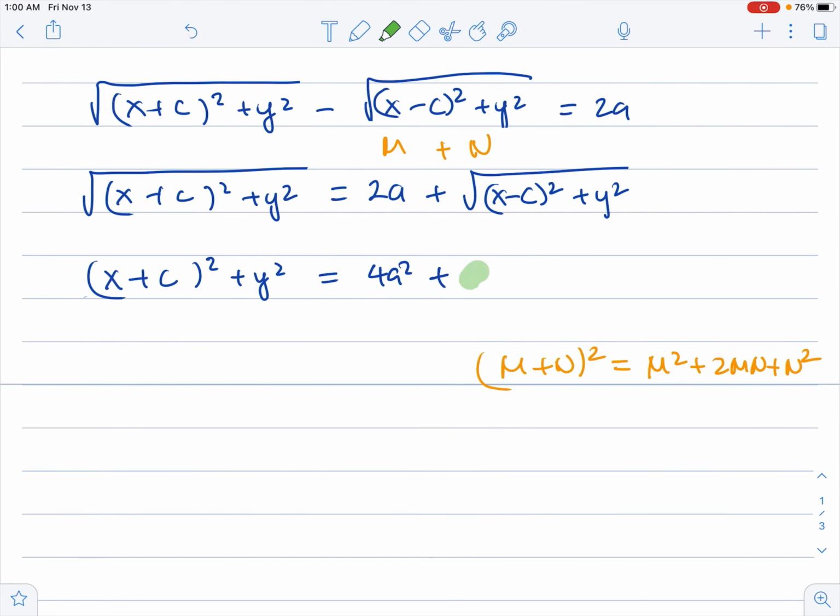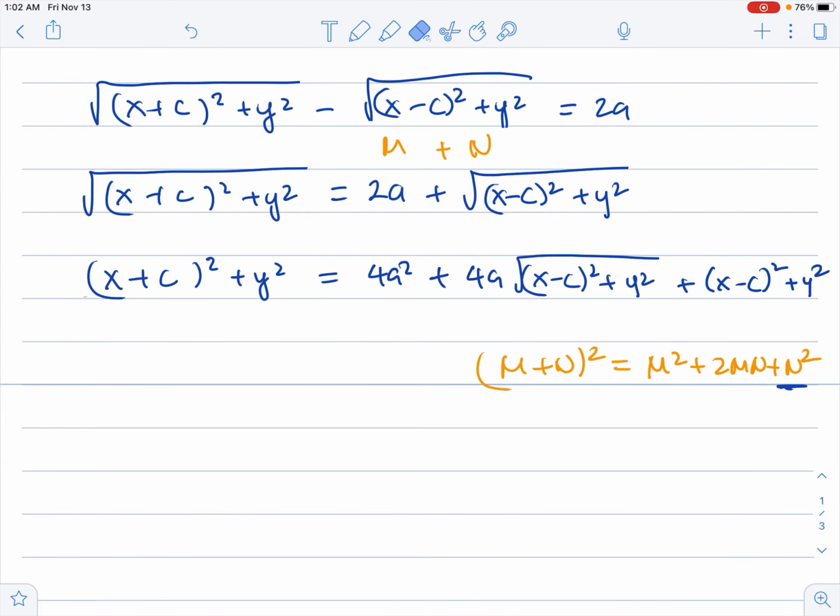That's 4a. And then, times n, which is the square root of x minus c, quantity squared plus y squared. And then, we square n. Ang n squared natin ay, mawawala yung radical nito. Yan yung n natin. So, magiging x minus c quantity squared plus y squared. Okay, so natanggal na natin yung isang radical.